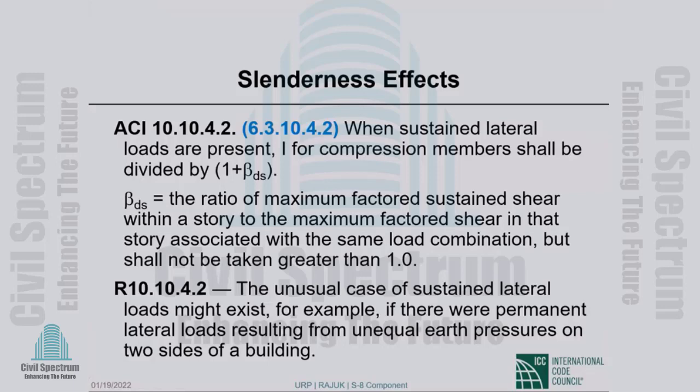This beta sub ds will be the ratio of maximum factored sustained shear within a story to the maximum factored shear in that story associated with the same load combination, but shall not be taken greater than 1.0.